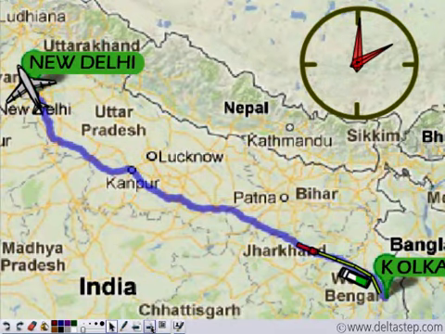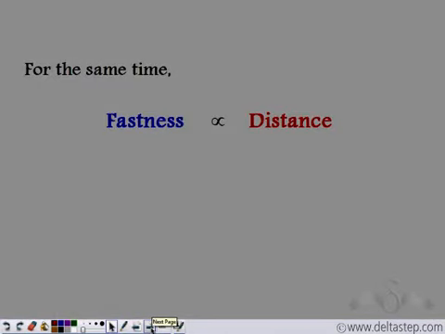So what we are trying to say is, for the same time, that is, we took time to be constant, that is 2 hours, fastness is directly proportional to the distance traveled. As distance traveled increases, fastness increases. As distance traveled decreases, fastness decreases. This is true if we keep time to be constant.